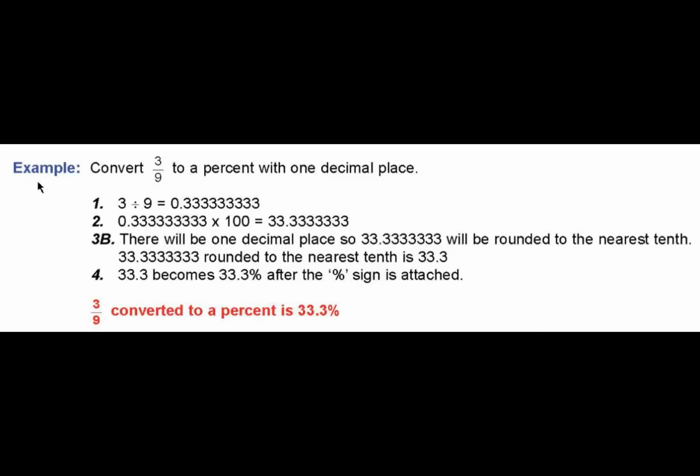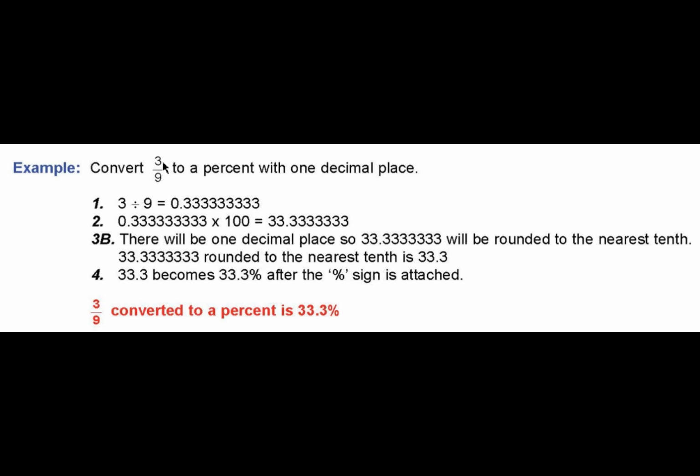The next example is to convert the fraction 3/9 to a percent with one decimal place. Step 1. Divide the numerator by the denominator.